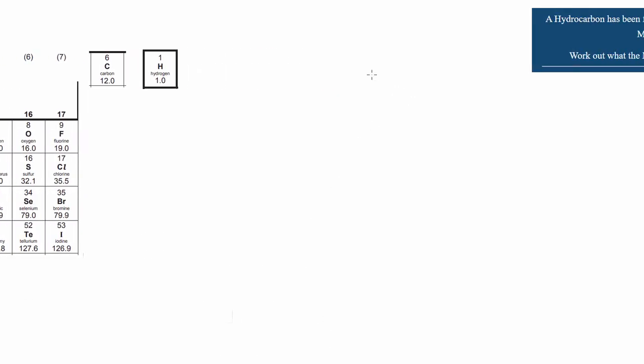So for carbon, we've got 12 here, as you can see. The Mr, the relative atomic mass, is more or less the same thing as the molar mass. The molar mass of carbon is going to be 12.0 grams per mole.